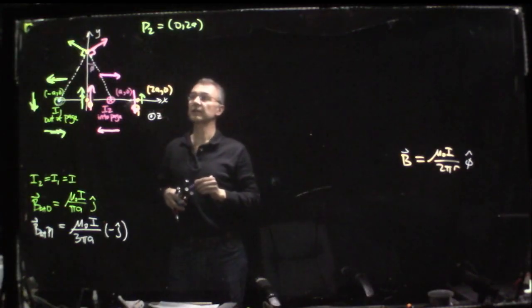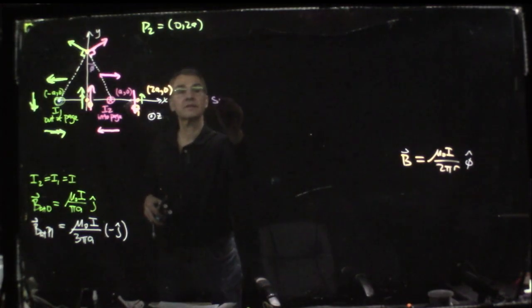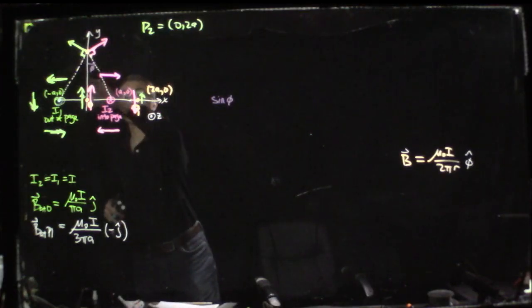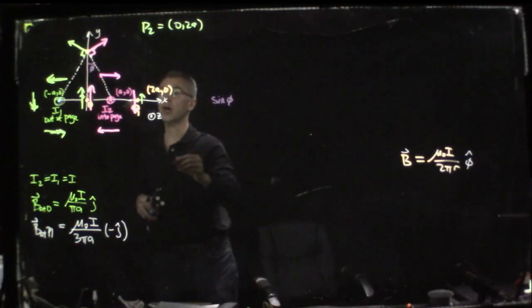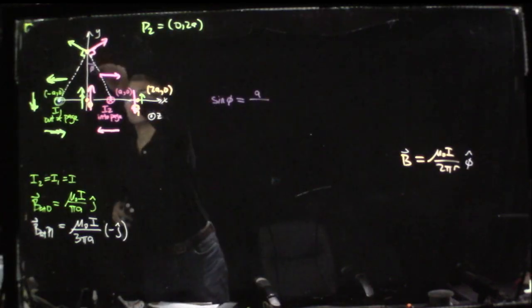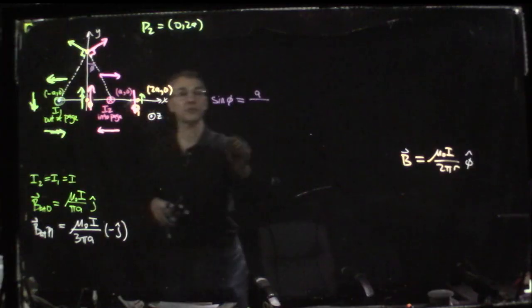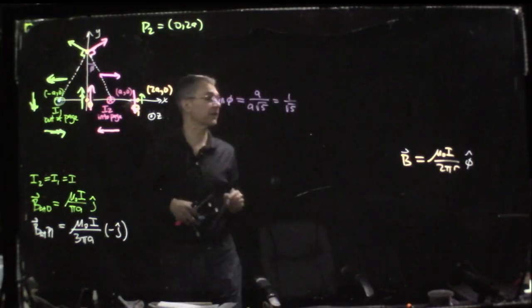Then, for one thing, the sine of that angle phi, which is between the radial vector and the vertical there, must be, so it's opposite over hypotenuse. So that must be A over, see this is 2 and that's 1, so 2 squared is 4 plus 1 is 5. That's A over A root 5, which is 1 over root 5.